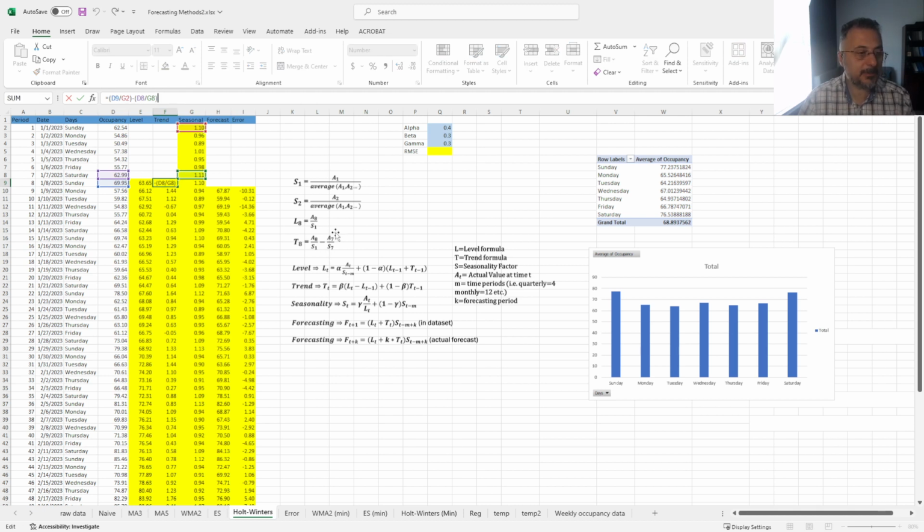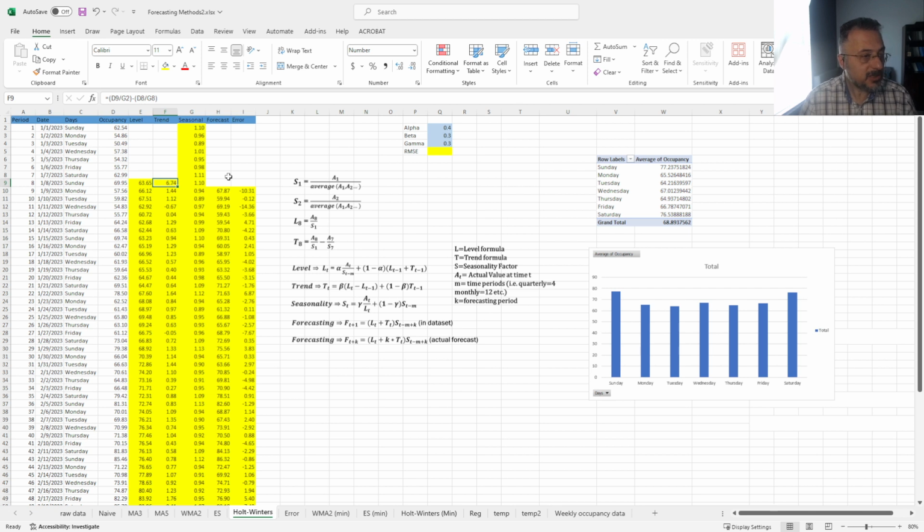If you follow this step by step, it becomes much easier. Like A8 divided by season 1, and A7, the actual period 7, divided by the seasonal period 7. So period 7 is here, and season period 7 is here, right? It's not that complex.